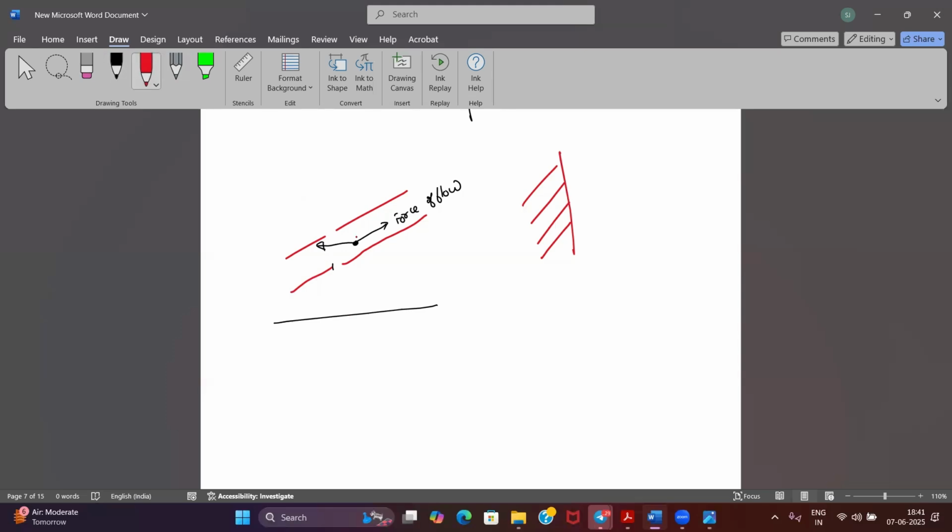So the resultant force will be like this. That means this molecule will be thrown onto the plate. Once it is thrown onto this plate, the velocity of this fluid or water or sludge will become zero. The velocity is going to be zero.